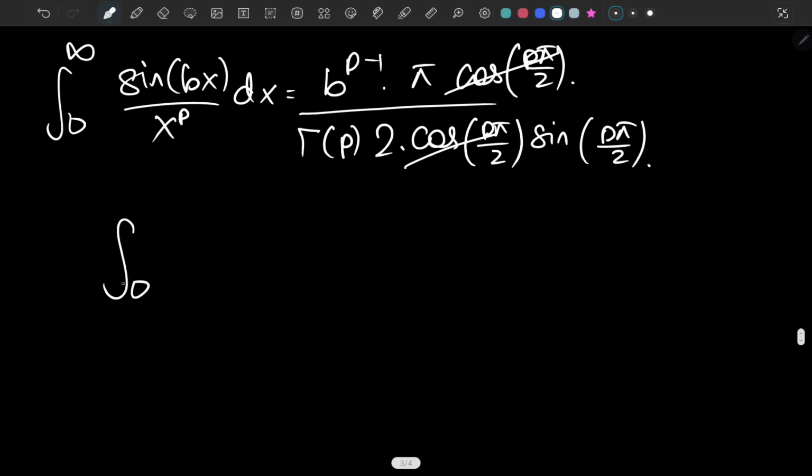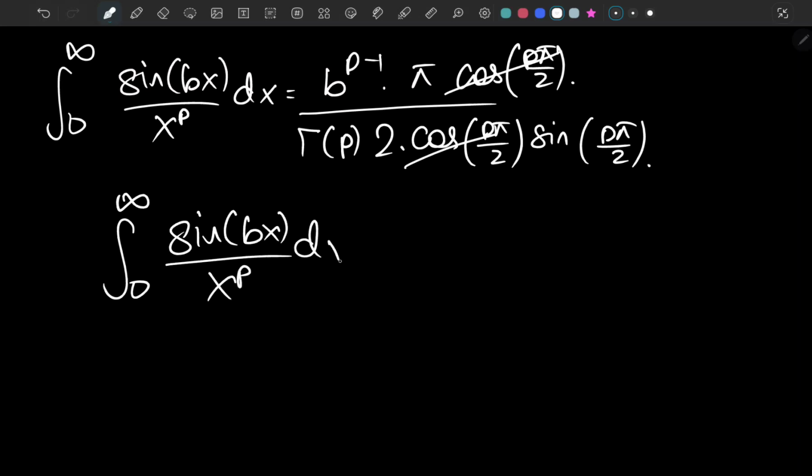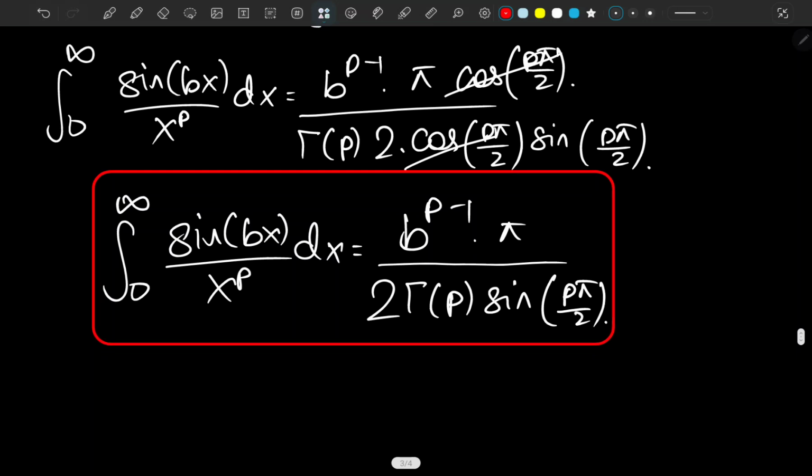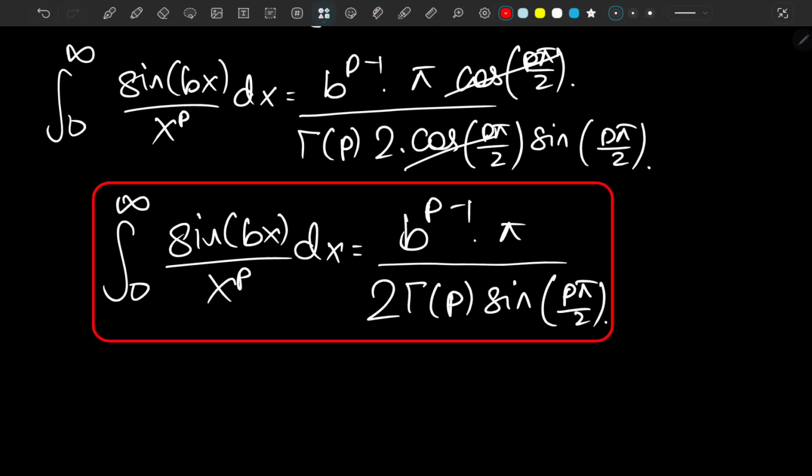And finally here comes the final result of this crazy generalization. Integral from 0 to infinity of sine of bx over x to the p dx is b to the p minus 1 times pi over 2 times gamma of p sine of p pi over 2. So isn't that amazing, guys, the way we just did that?